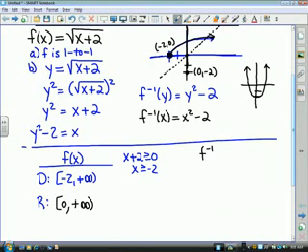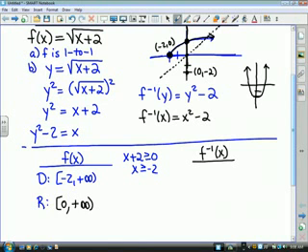Right, we haven't done the inverse graph now. Now we're going to talk about the inverse graph. Okay, so I'm going to do the inverse graph, and I'm just going to plot a couple points so you can kind of see why it's the right half. So I'm going to plot a couple more points in the original graph.